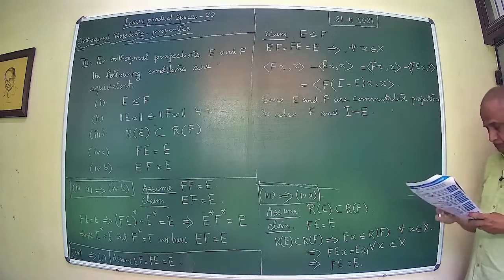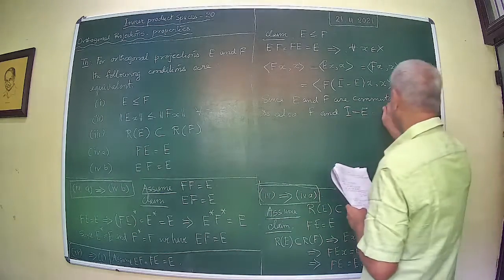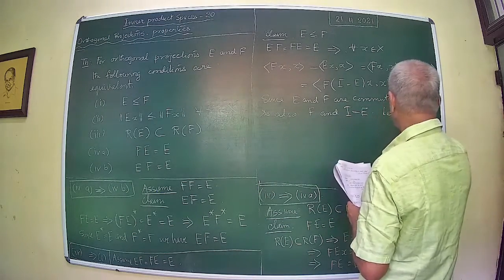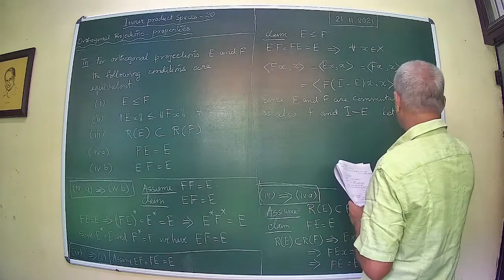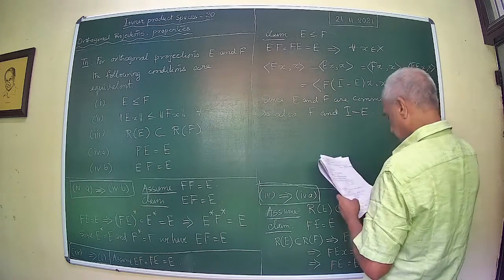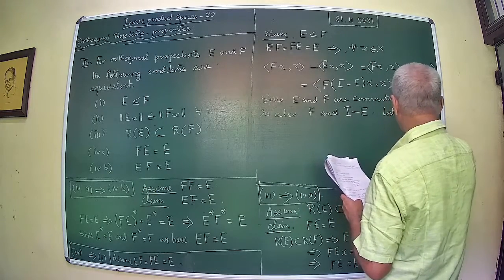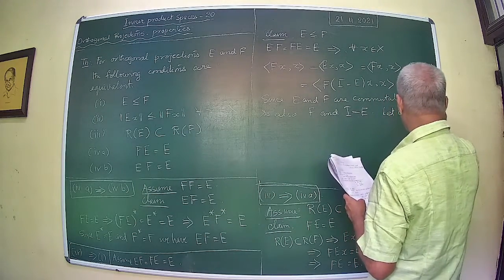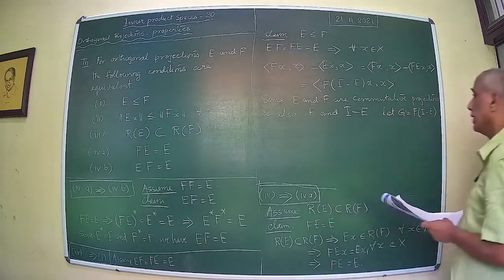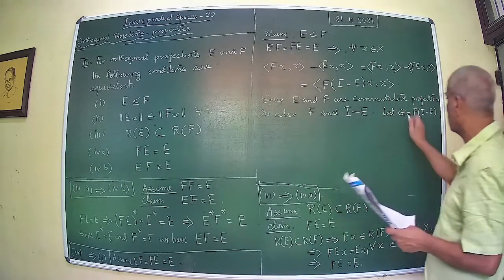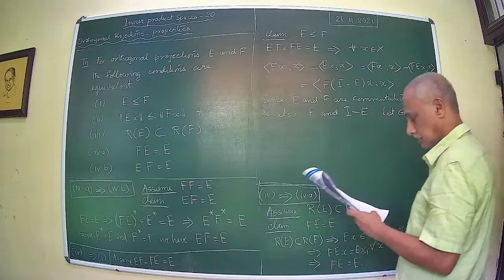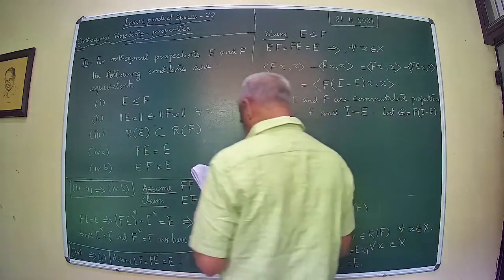Okay, so let G be defined as (I minus E) into F. Then what do you get?